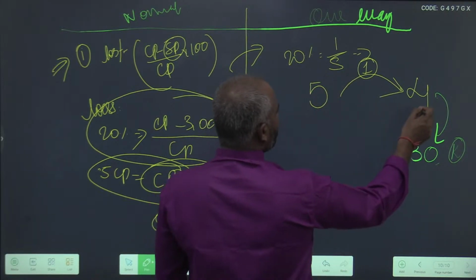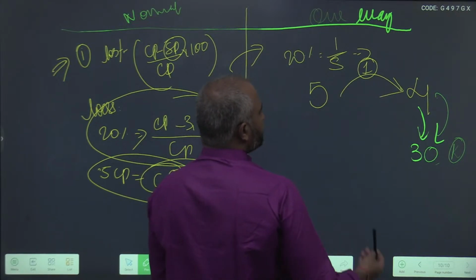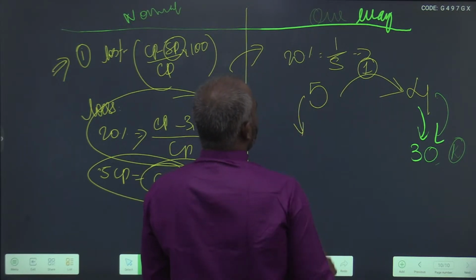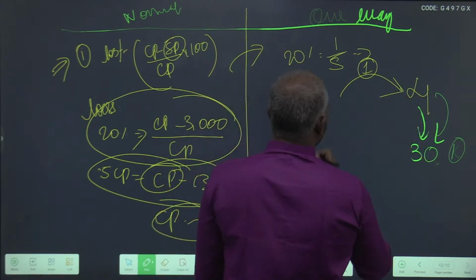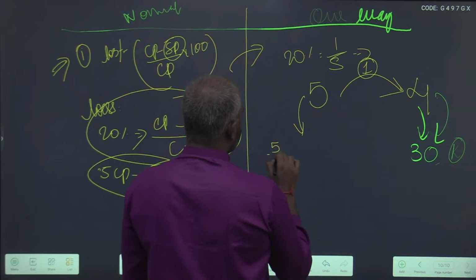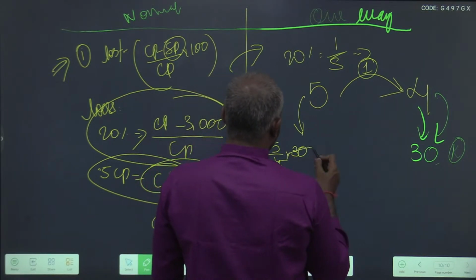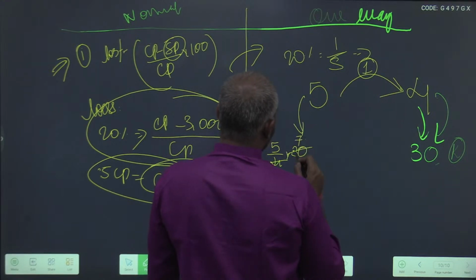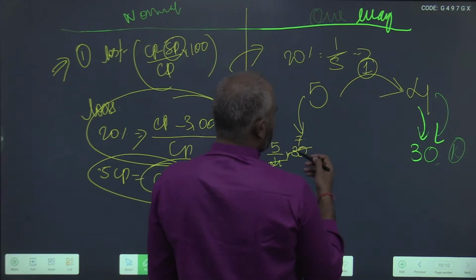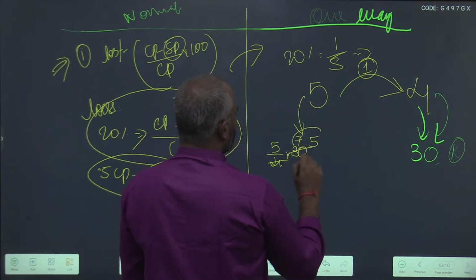So if 4 units is 30, what will be 5 units? It is nothing but 5 by 4 into 30. This will be 4 sevens are 28, 4 5s are 20, so 7.5.